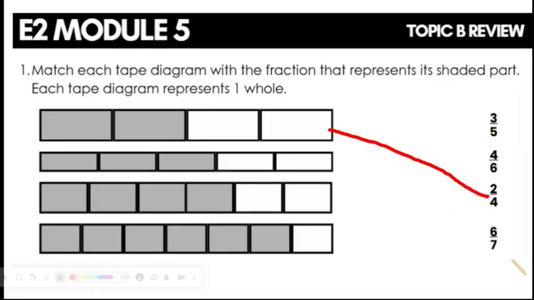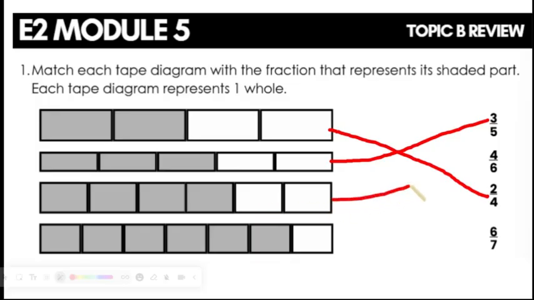Okay? All right, let's find our numerator for the next one again. 1, 2, 3. And then my denominator is going to be 1, 2, 3, 4, 5. So 3/5. And I can see it's this first one right here, okay? All right, so the next two, it says 1, 2, 3, 4 shaded out of 1, 2, 3, 4, 5, 6 of them.